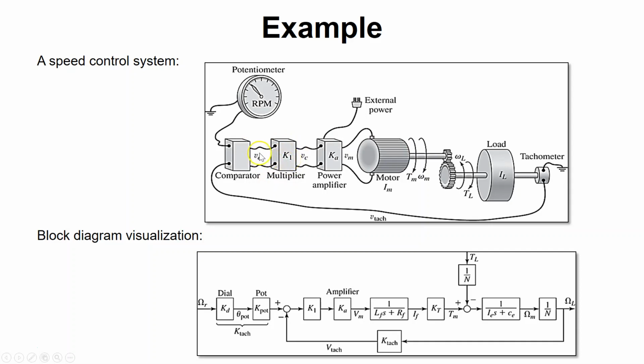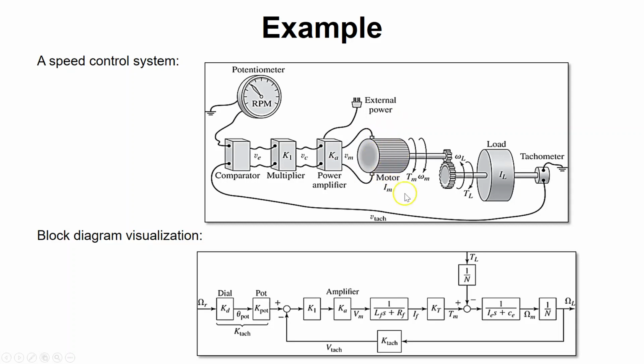We multiply this voltage by a constant K1, which is typically way bigger than 1, and we make the amplified voltage VC. Then we multiply it one more time by this power amplifier and we make it VM. So we need an external power to give it more power so that it can create amperes, right?